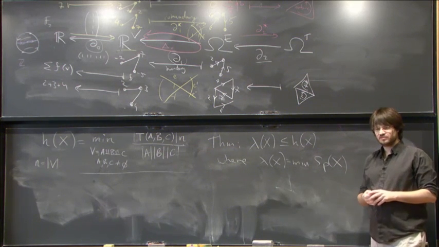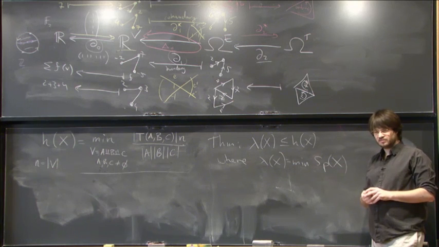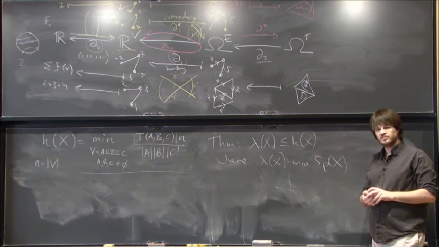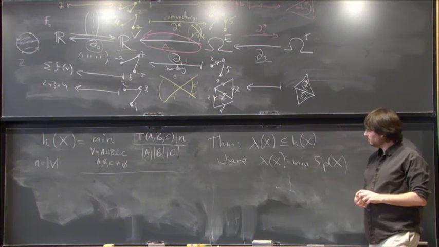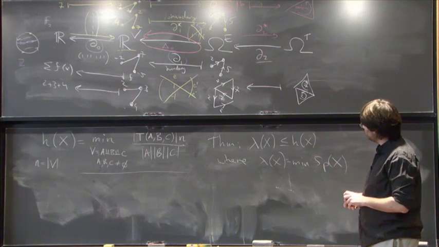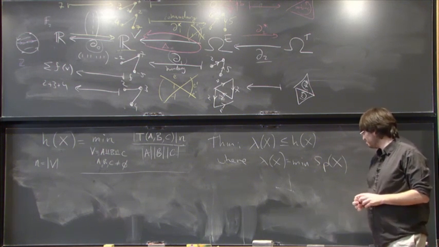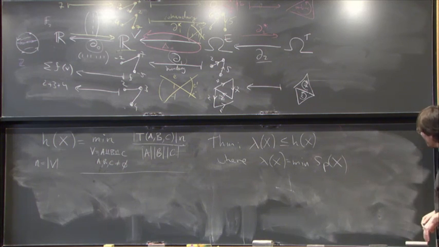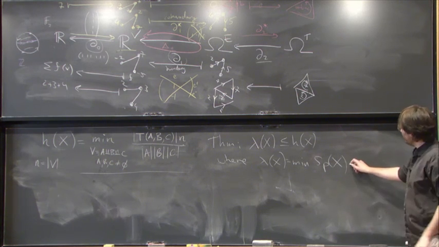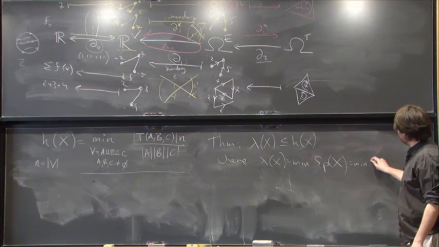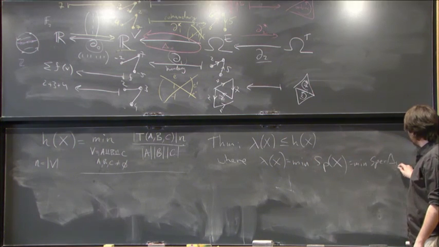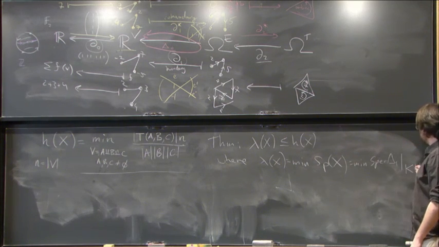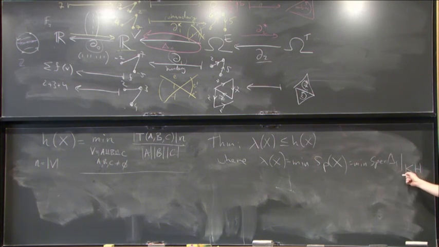You compare these disjoint sets to what you get. These are special cases of applying it to arbitrary vectors. I'll just show you. This is the minimum of the spectrum of the first Laplacian restricted to Kirchhoff forms.